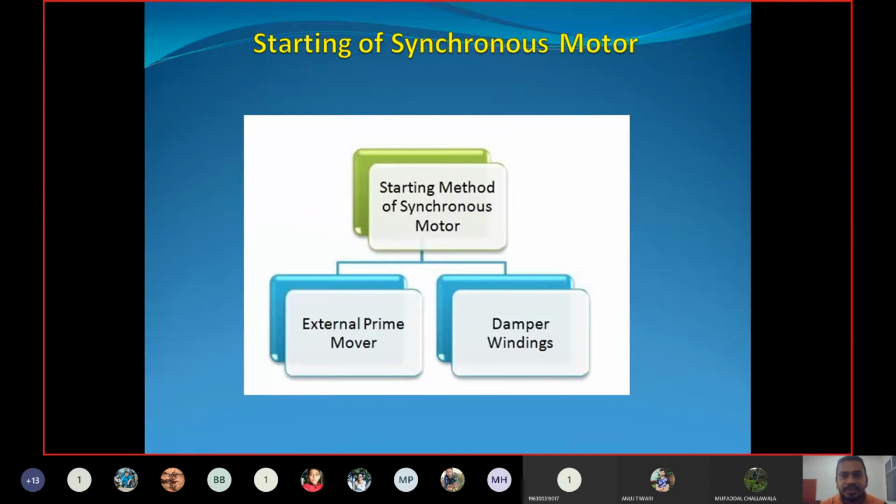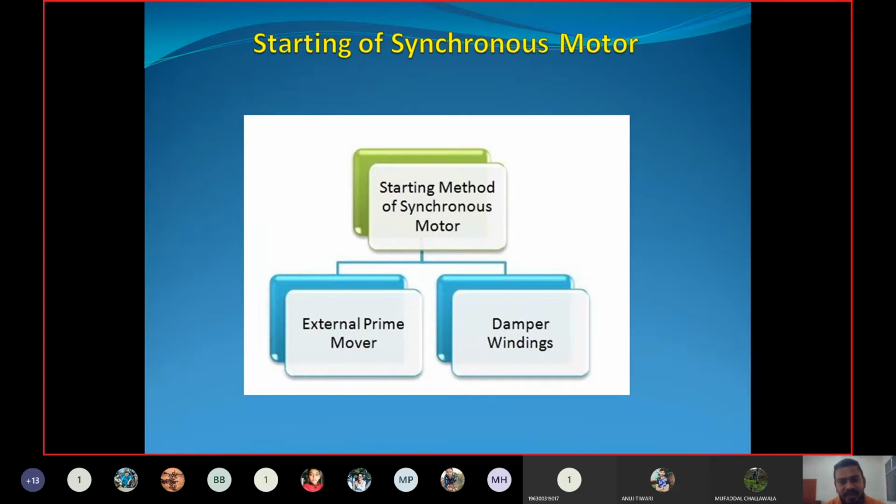Now, as we know that a synchronous motor is not a self-starting motor, we have starting methods to start the synchronous motor. Mainly we have two methods: the external prime mover method and the damper winding method.